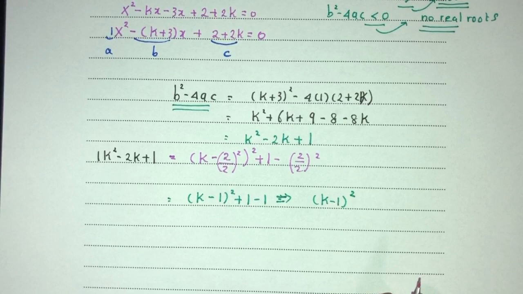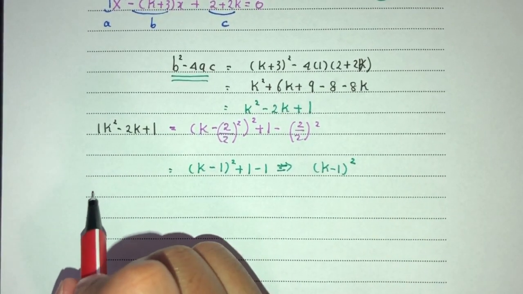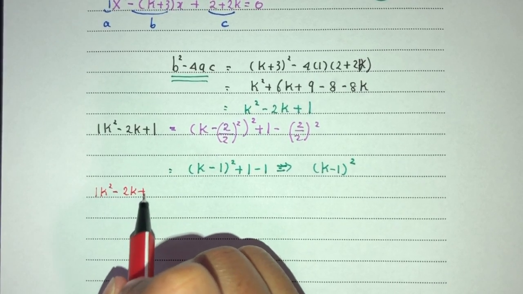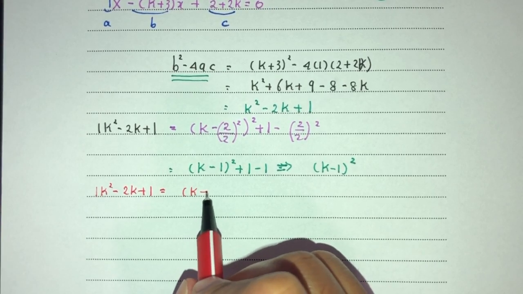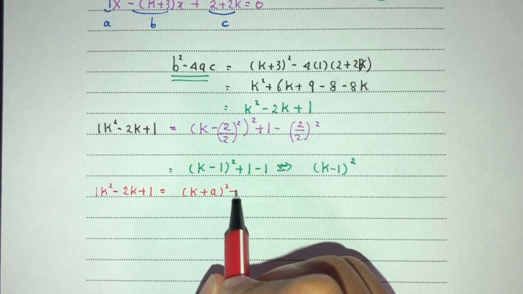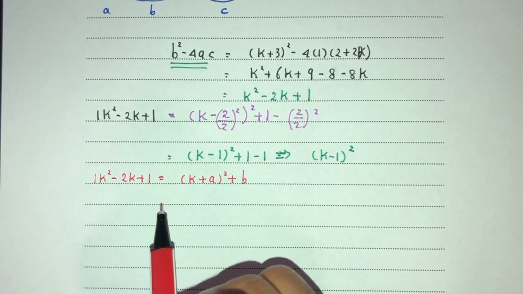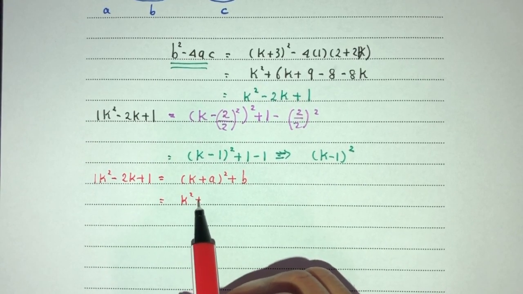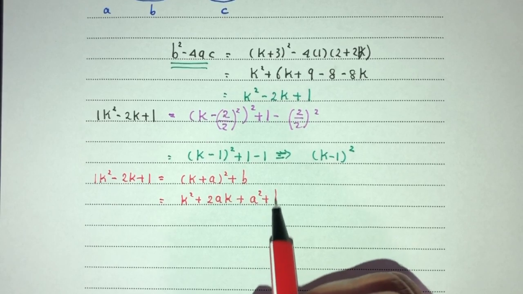Now, let's say you don't know how to use this method. We can always go back to use comparison. For example, k squared minus 2k plus 1 is equal to, now we wish to complete the squares, it should be (k plus a) squared plus b. For example, right? It should be in this form. Now we try to expand and compare the values. For example, it should become k squared plus 2ak plus a squared plus b.